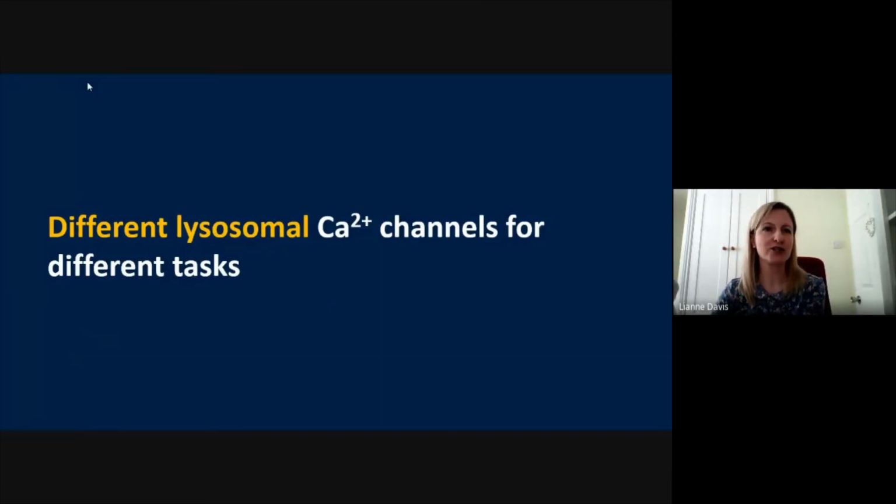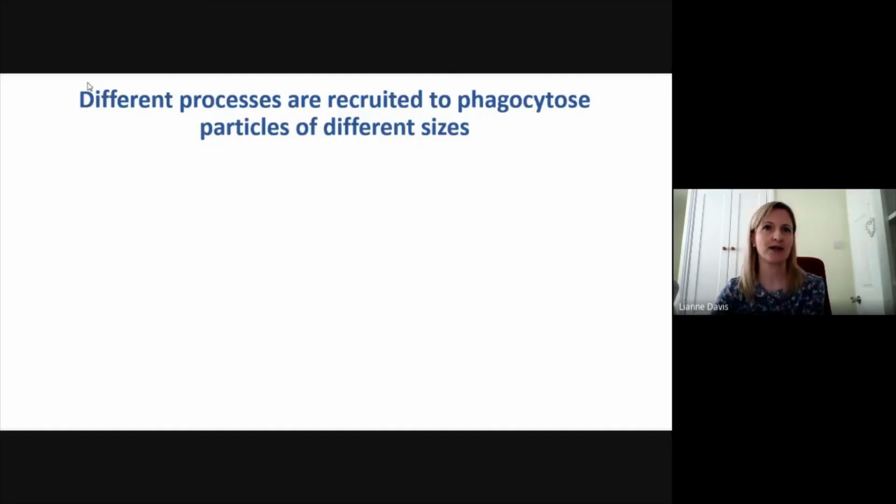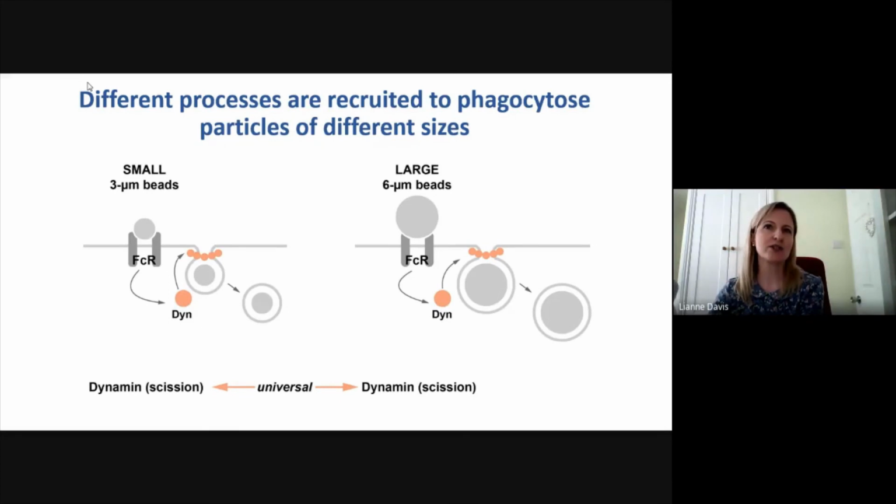So in the final section, I'll touch upon another aspect, that different lysosomal channels do different tasks at phagocytosis. So what I didn't tell you earlier is that different processes are recruited to phagocytose particles of different sizes. So dynamin-induced scission is a universal requirement for all particle sizes.